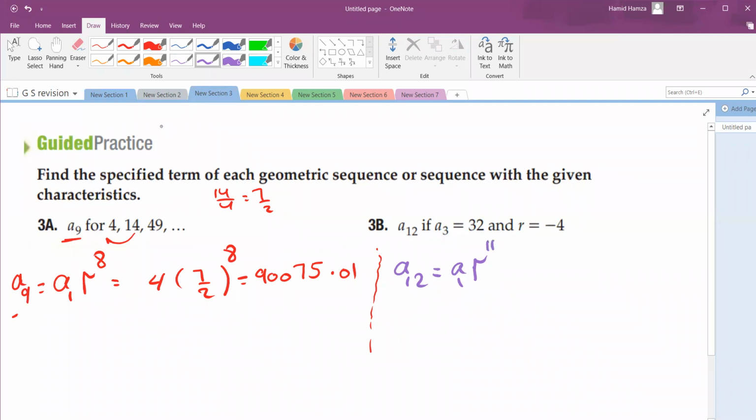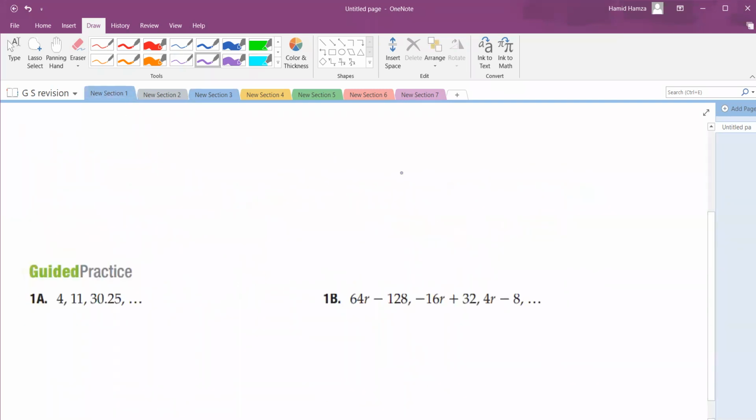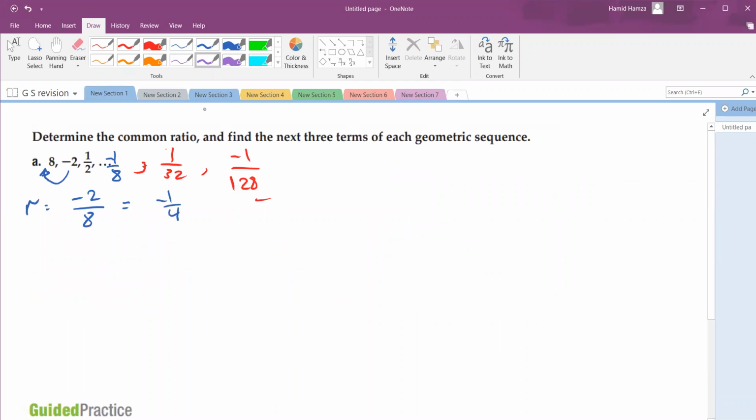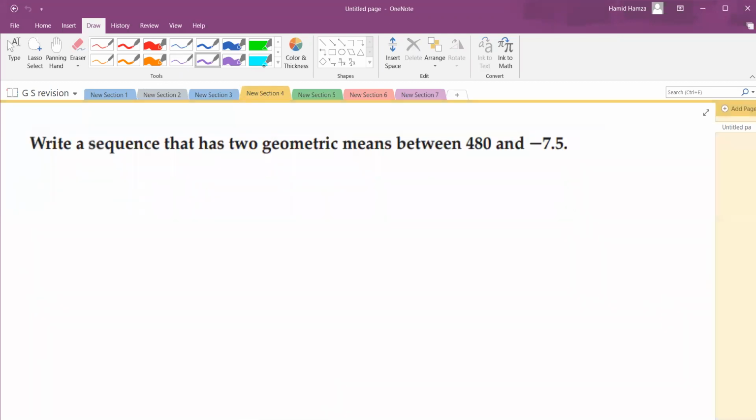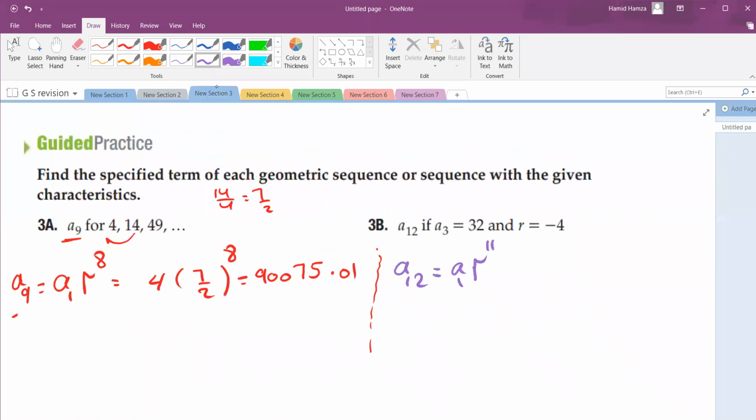So you remember, guys, to write them in a shortcut way, this one. A2 is A1 r, A3 is A1 r power 2, A4 is A1 r power 3, like this, guys. So it will be like this.